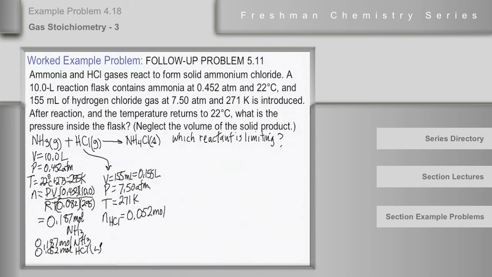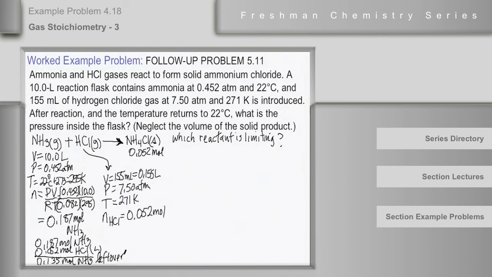And therefore, all of it will be consumed when the reaction goes to form ammonium chloride, and 0.052 moles of HCl will produce 0.052 moles of ammonium chloride. And that will leave 0.187 minus 0.052, which is 0.135 moles of NH3 left over.